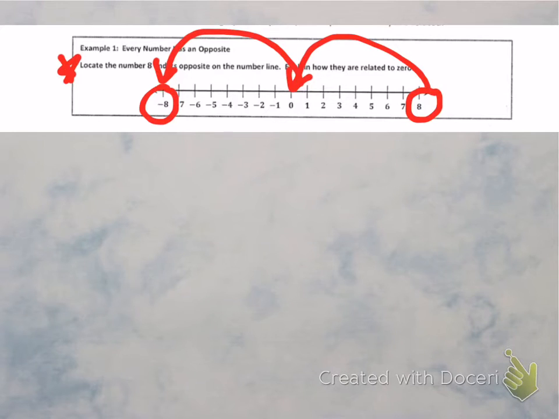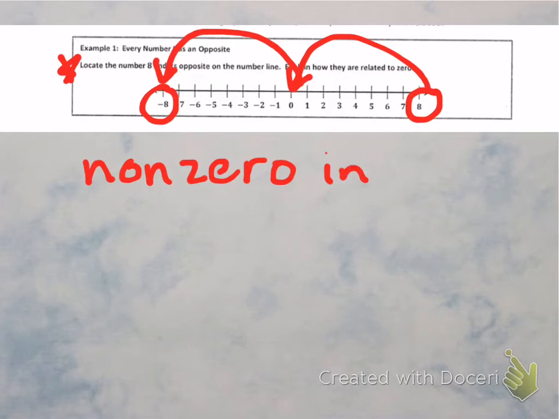Another thing with opposites, sometimes they give us non-zero things. You might see on a test a problem that says a non-zero integer has an opposite.